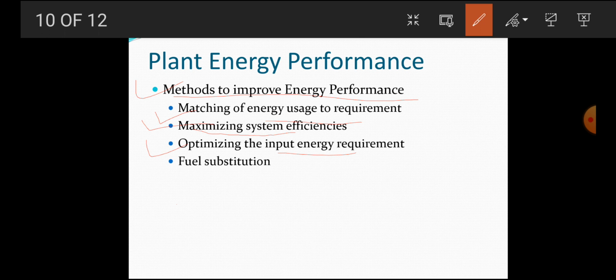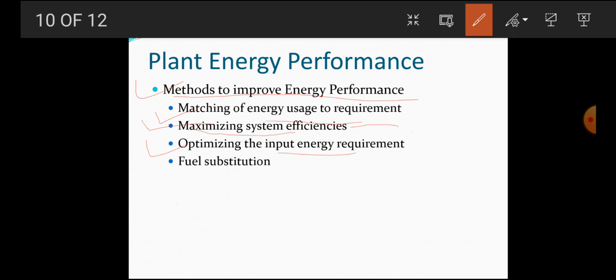By providing proper insulation wherever necessary, so heat is not dissipated, for example in a furnace, we can increase the efficiency. Then avoiding leakages of steam in the boiler, so that we can increase the efficiency. Then adoption of combustion controls for maximum combustion efficiency.